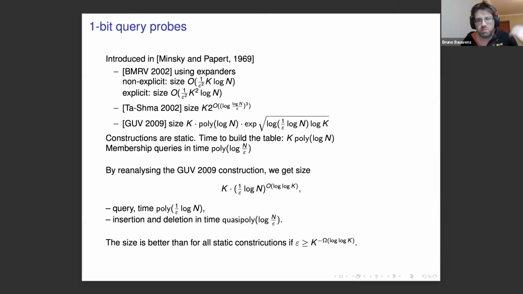So it's an improvement both from static to dynamic and in the bit size. And the change was something very simple from a fast compression paper. So it's a very, very small change.